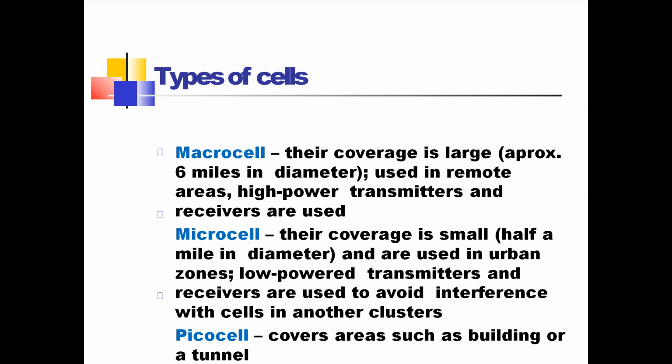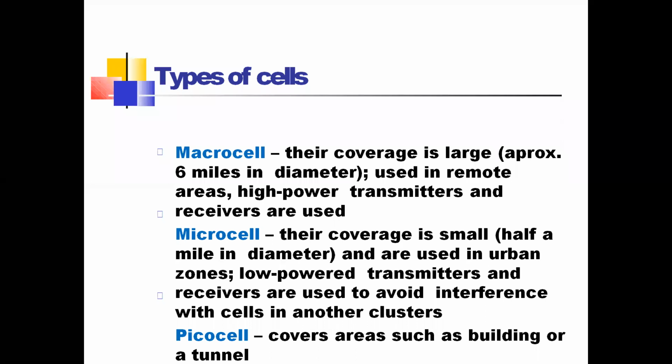The next one is the micro cell. A micro cell is around half a mile in diameter. Macro cells are used in remote areas, and micro cells are used in urban zones, covering less area.